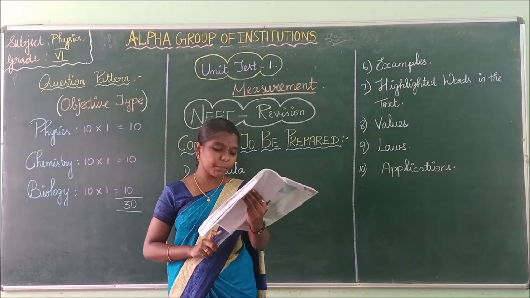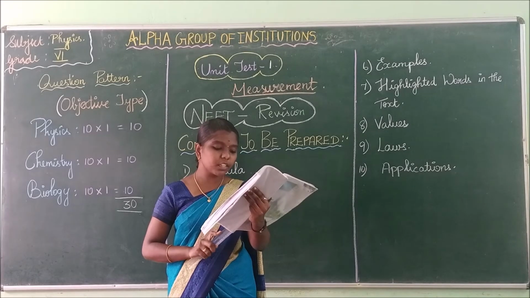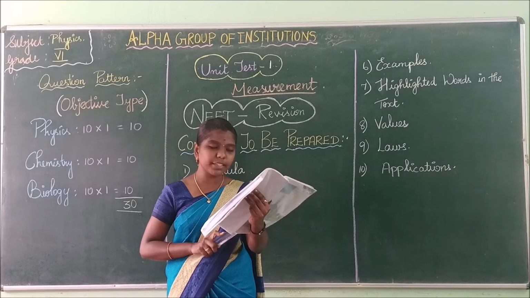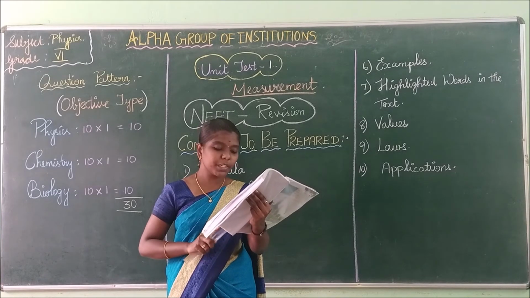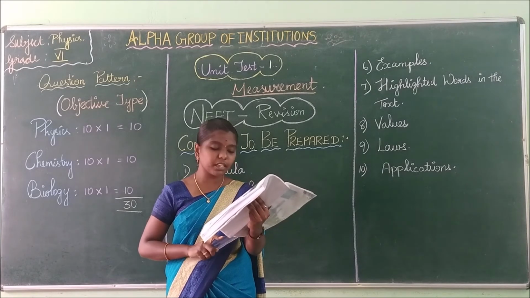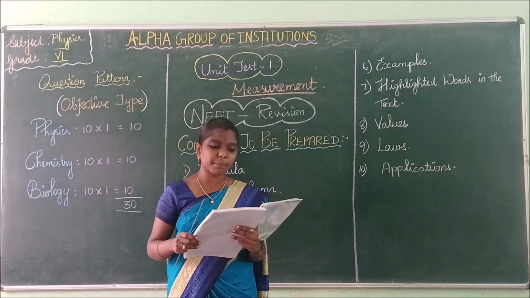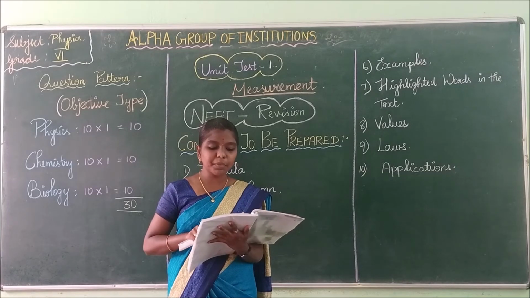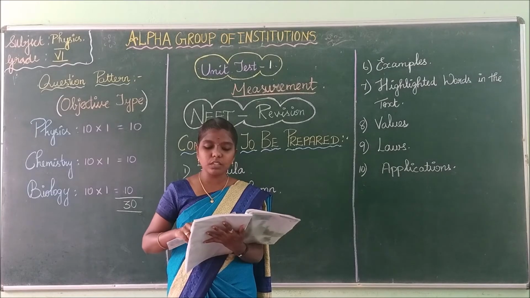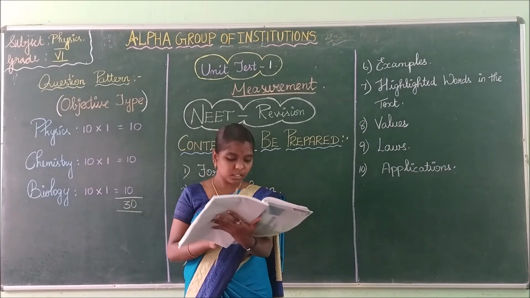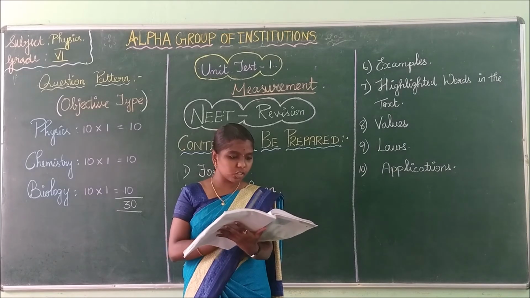Next, in the same page at the last, the British system uses the FPS system. Underline the word FPS. The Gaussian system uses the MKS system. Underline the word MKS. Have you all underlined? Yes.